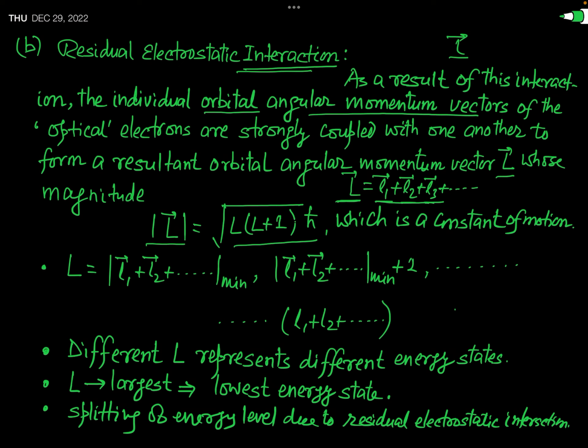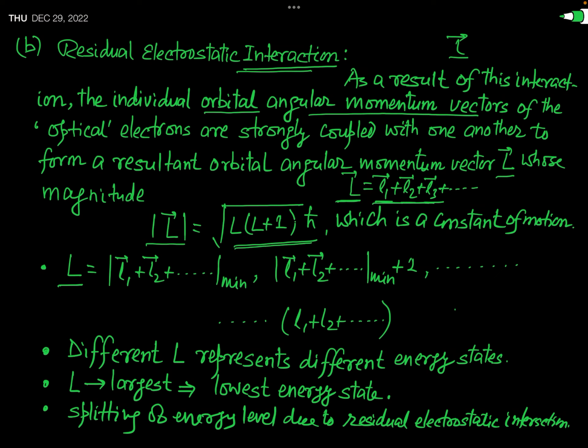Here, this capital L is the resultant orbital angular momentum quantum number. And what are actually the values of this capital L? The values of the resultant orbital quantum number lie between a minimum value of the vector sum and its maximum value.